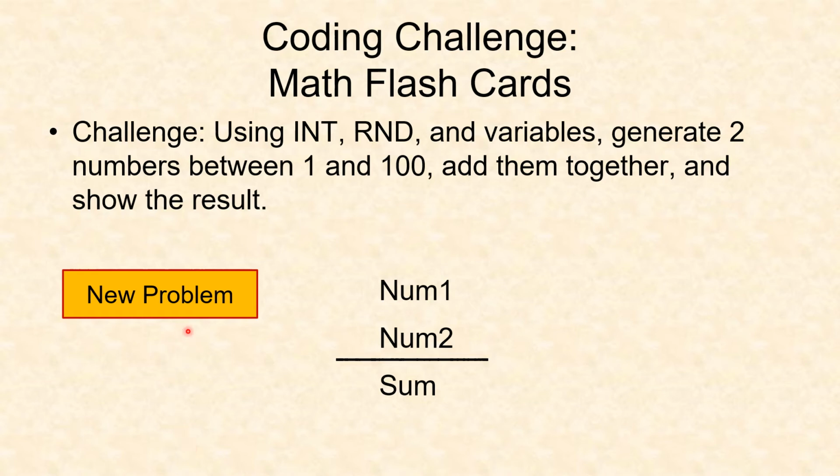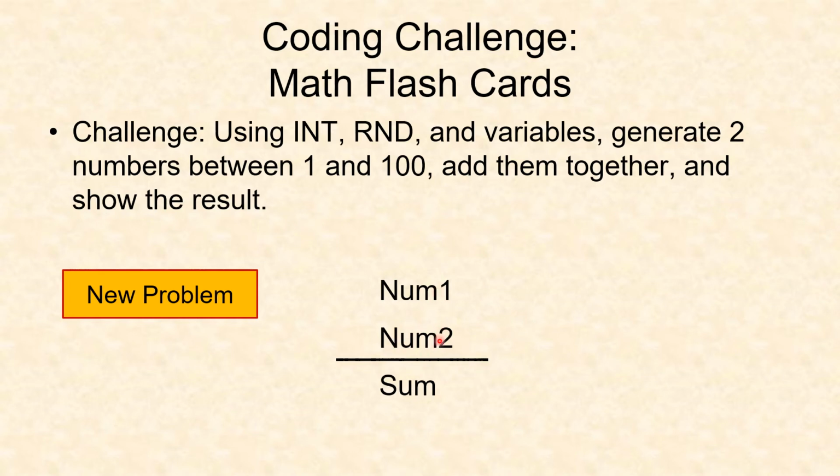I'm going to create a button for a new problem, and that way I can put the coding, the VBA coding, and associate it with this. And then I'm going to create a, and here I just have this as a placeholder right now, a text box that's going to hold a variable, and I'm going to call my variable num1. And the same thing here, a second variable, num2.